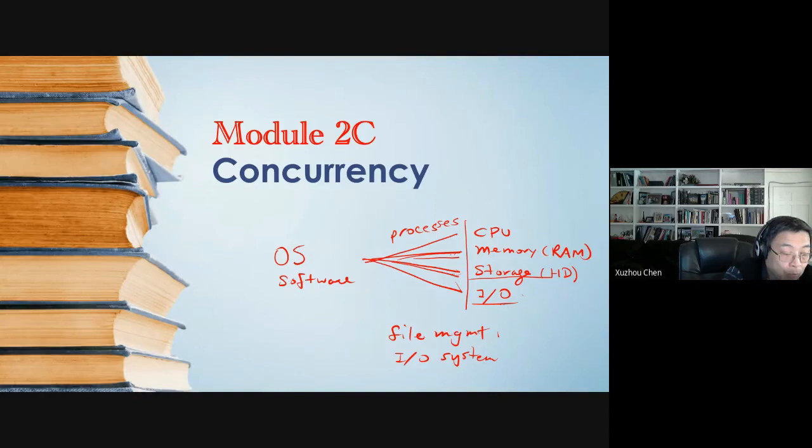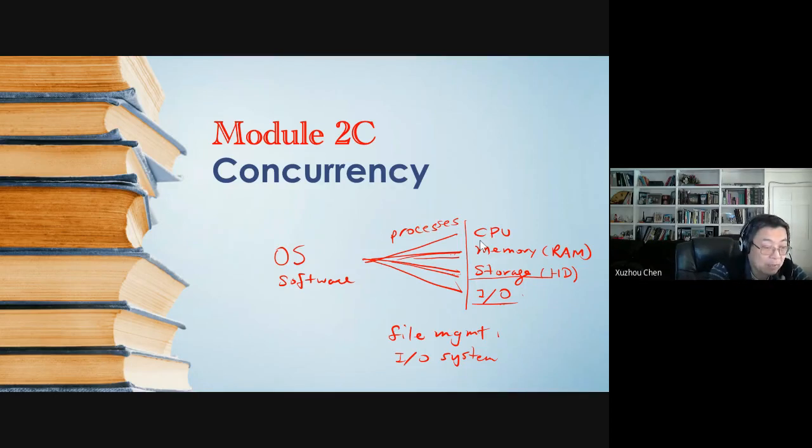When we talk about the course of operating system, we basically discuss each of the components in the operating system that manages the different computer hardware. So in the process part, we talked about when multiple processes are sharing the computer CPU, and when the computer loads multiple processes, they are running concurrently.